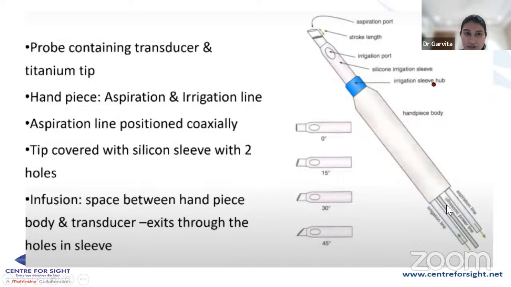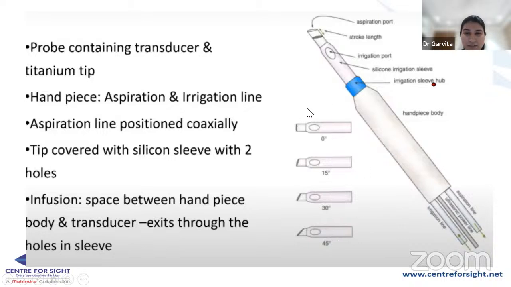There is a transducer in the probe, an equipment that converts your electric energy into mechanical energy. There is a silicone sleeve over it, and the aspiration line is positioned coaxially to the irrigation line.